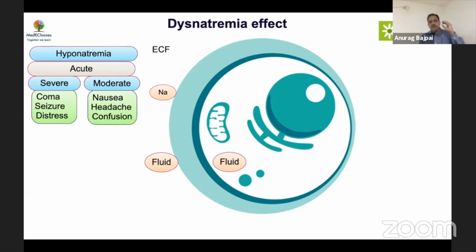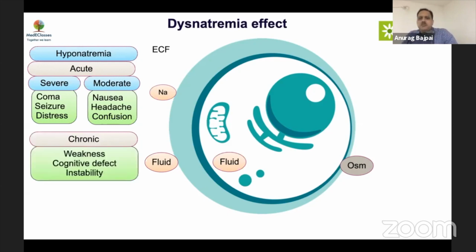The identification of acute severe hyponatremia is essential because this is a life-threatening condition, and in this you have to do immediate correction. For other conditions, you can manage with a slower and gradual correction. Now, over time, the brain cells compensate by getting rid of their idiogenic osmoles, and therefore their size becomes normal.